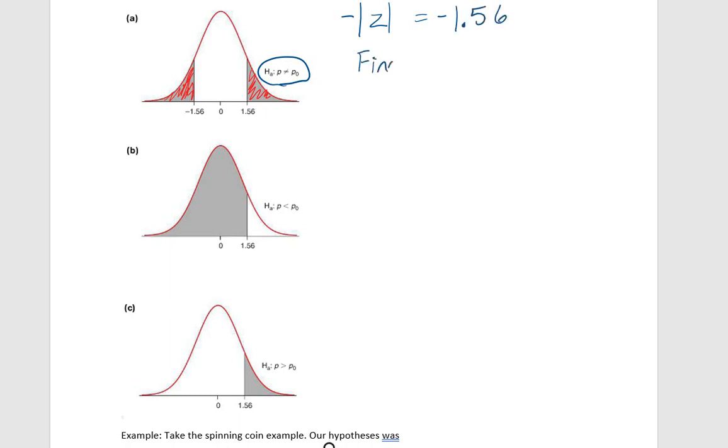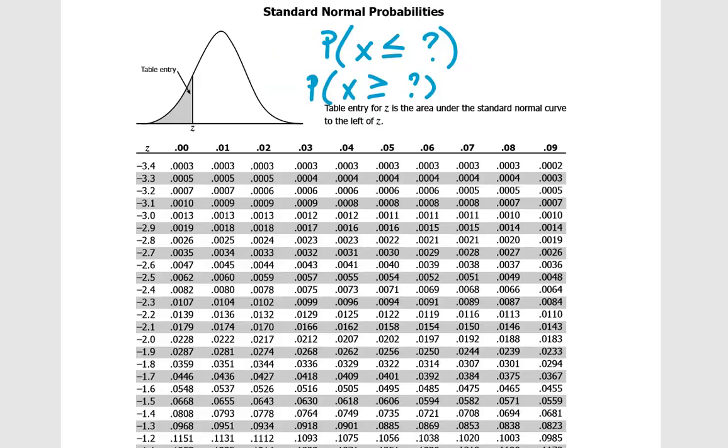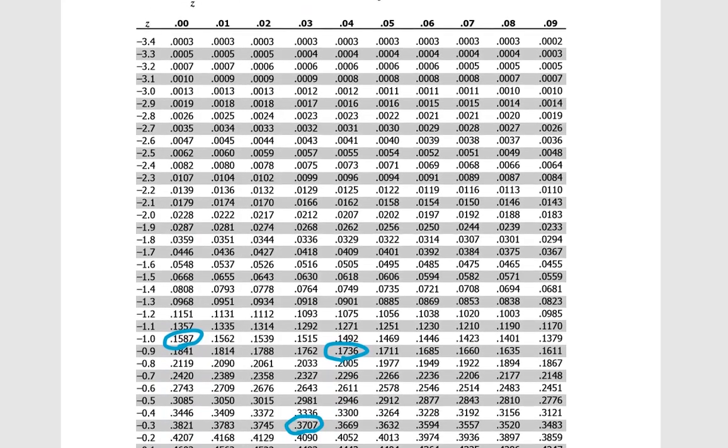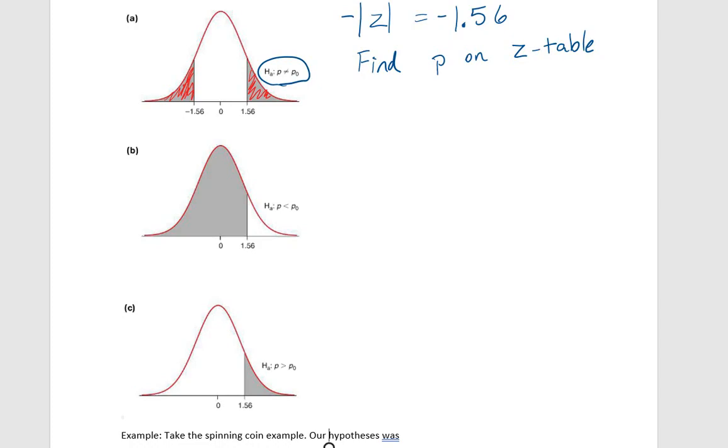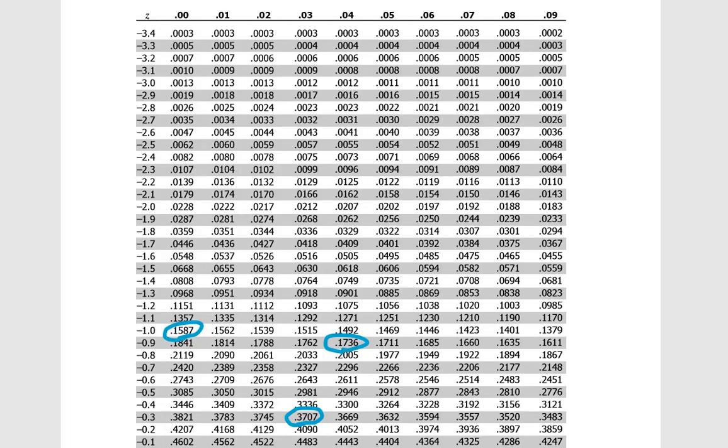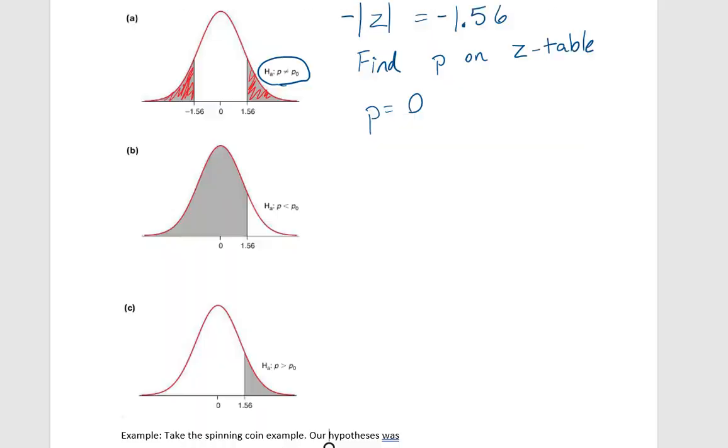Then you're going to find the p-value on your z-table. So if we go back and look at our z-score table and find negative 1.56, we're going to get 0.0594. But remember, that's only on this side. We want to do both sides.